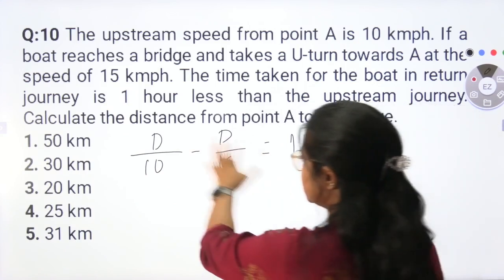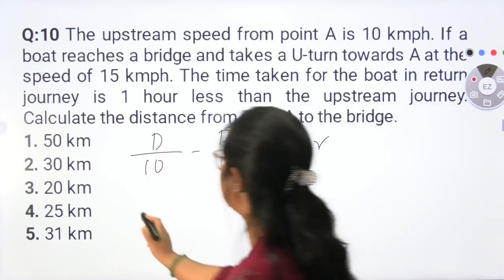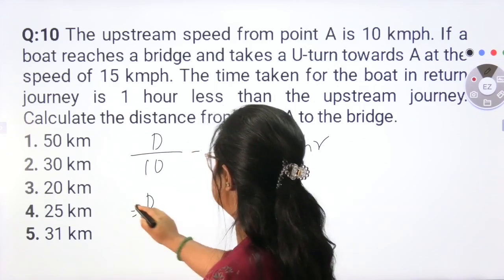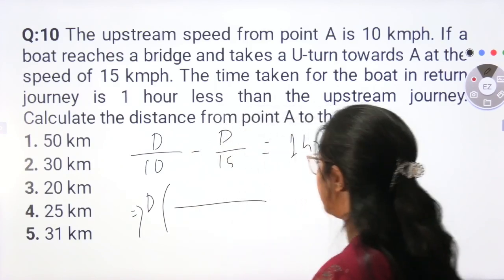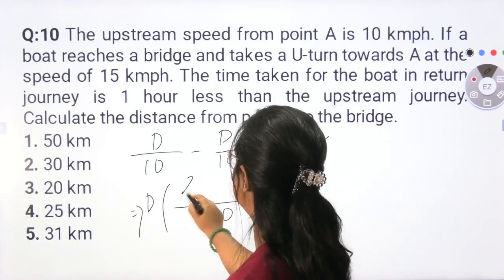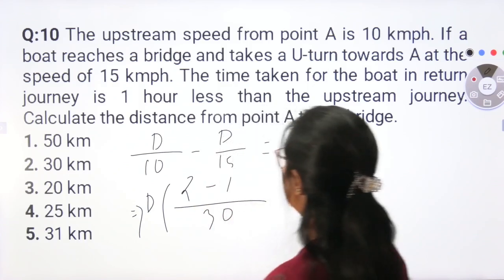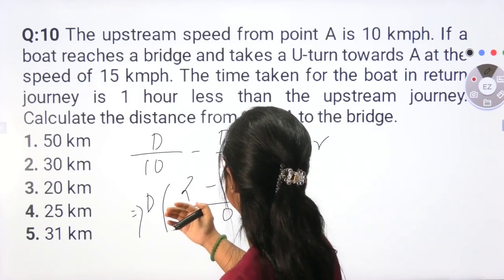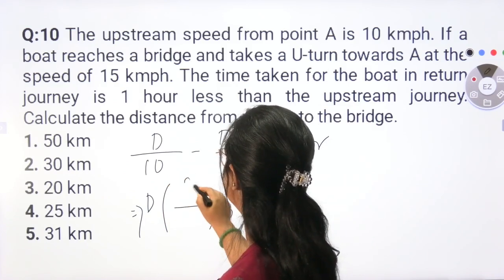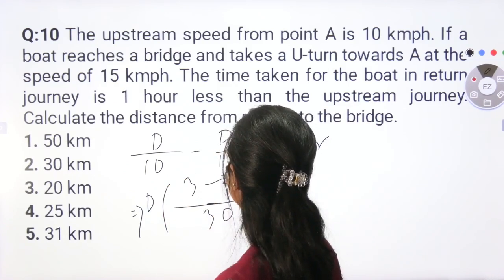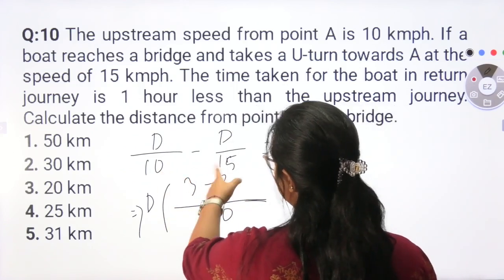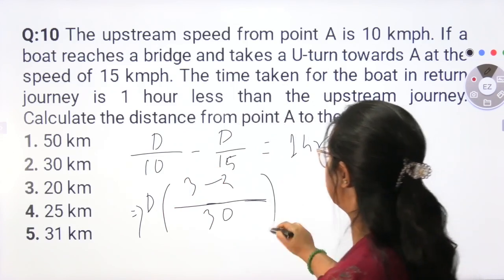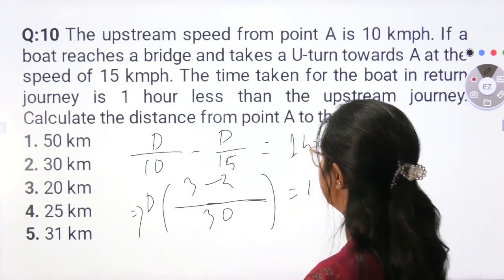So my equation would be like this: D by 10 minus D by 15 is equal to 1. If I take common D, I will get my LCM as 30. So D times (3 minus 2) by 30. 3 times 10 is 30, minus 2 times 15 is 30, is equal to this 1 hour.